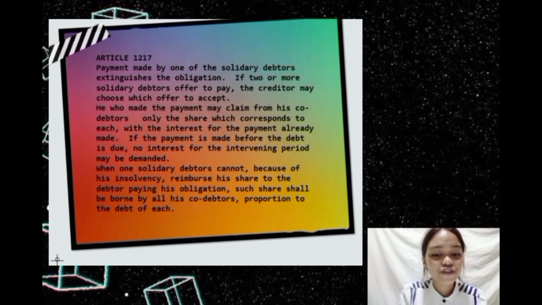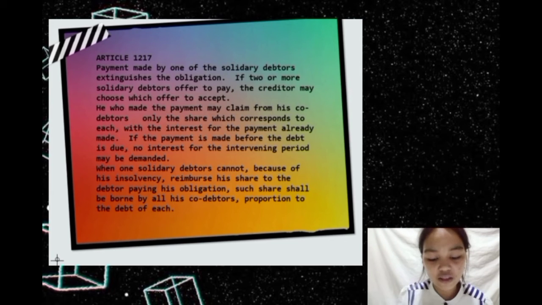So if Jad paid on the due date, he can ask for reimbursement from Princess without interest. But if Princess paid after 1 year, she will pay interest from the due date up to the time she pays reimbursement.